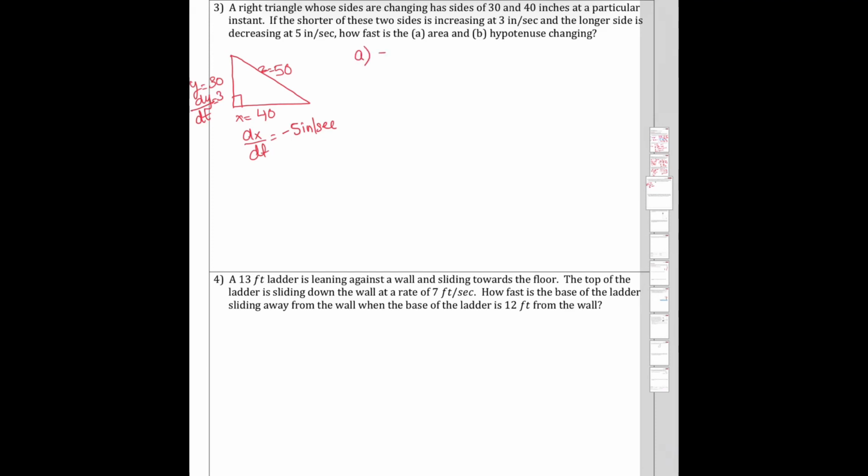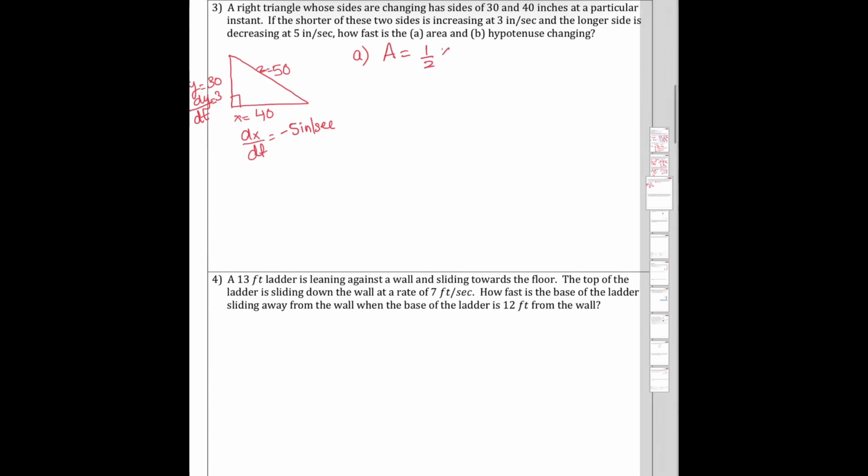So let's write down the area formula. What is my area formula for a triangle? Area, uppercase A, is 1/2 base times height. Here my base is x and my height is y, so I'm going to replace b and h with x times y.